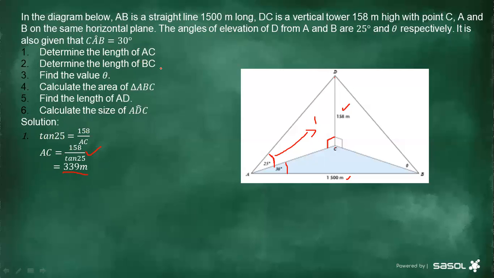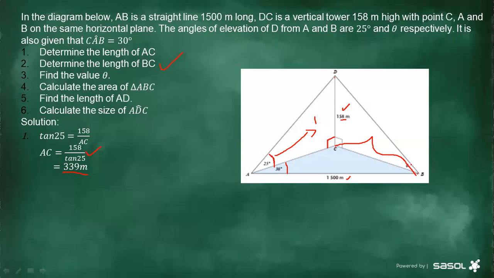The second question: determine the length of BC. So where is BC? This is BC. How do we determine that length? In triangle BDC, we have only this side, which is 158.